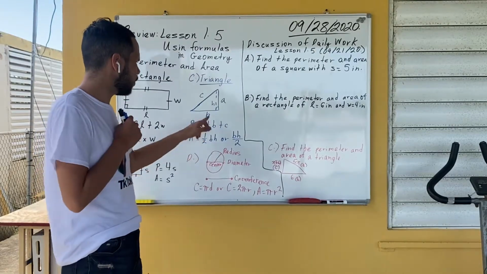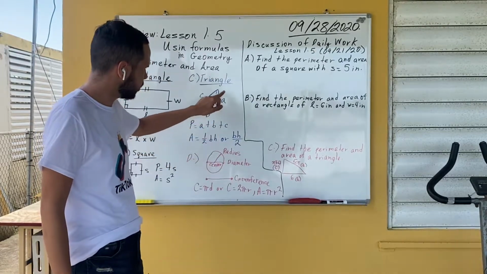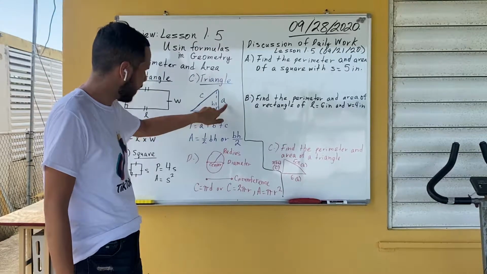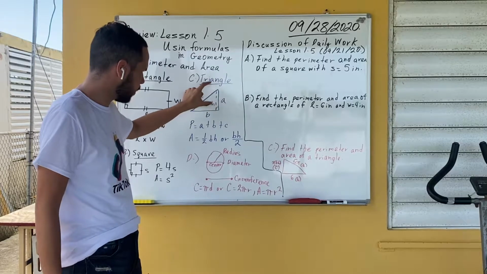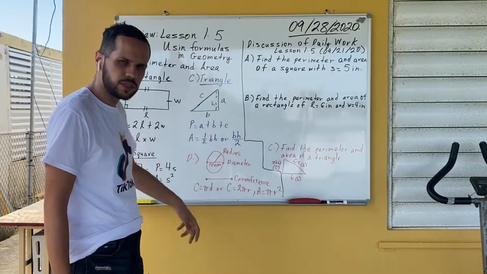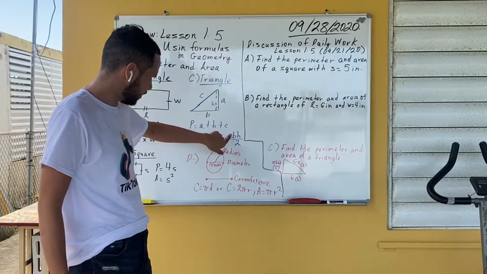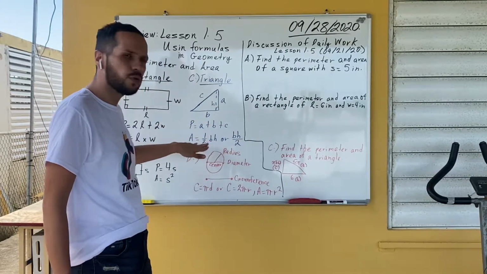If we don't have the height, students, we're going to use side A, that is basically the same. Side A is basically the height of the triangle. Or we can also use the other formula, the base times the height divided by 2. Those are equal.